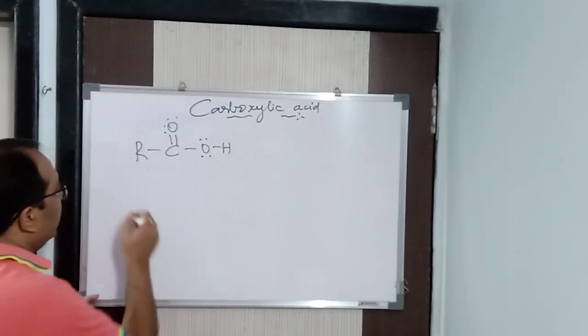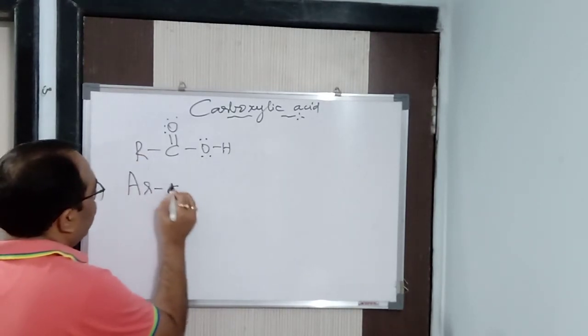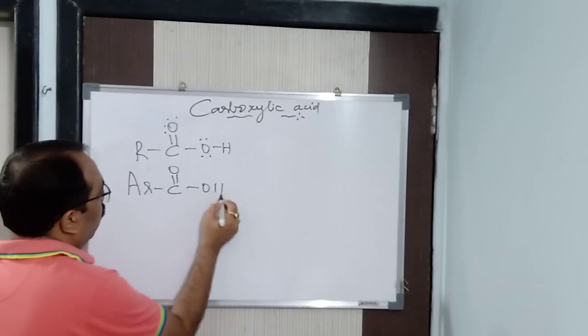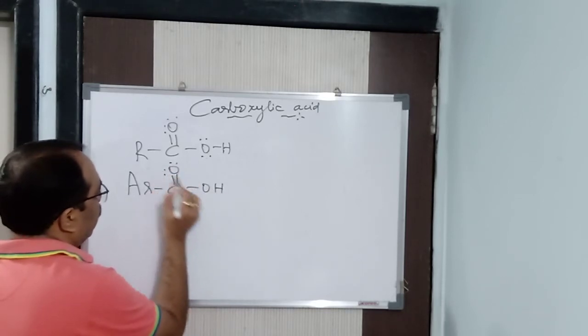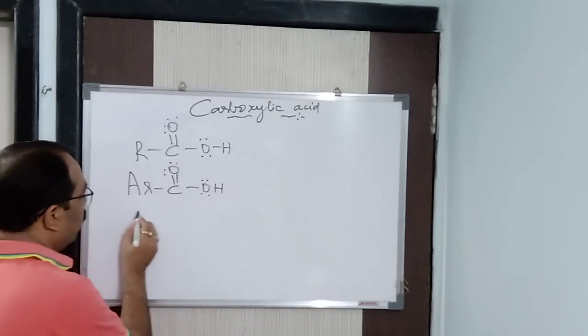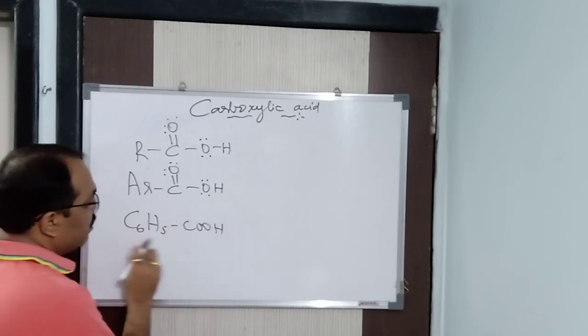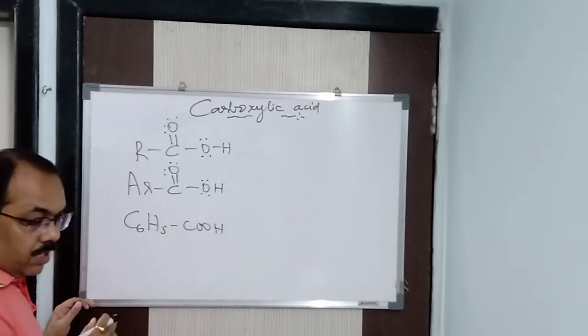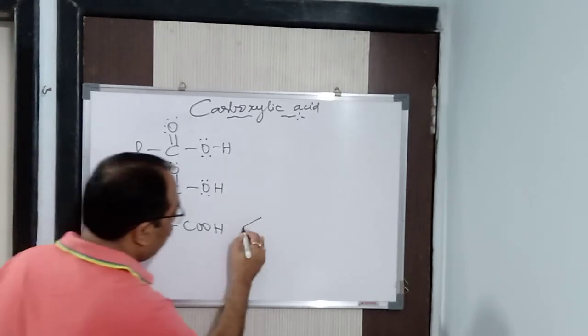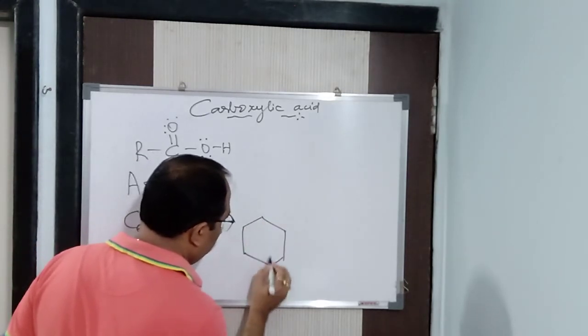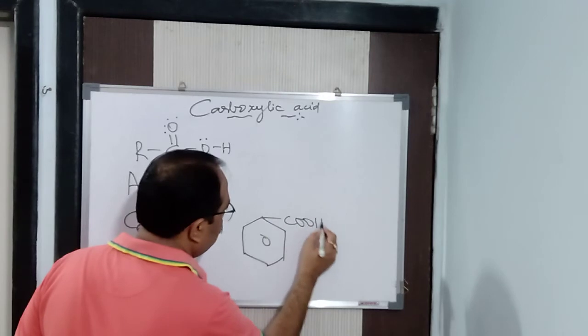Now, similarly, if it is an aromatic acid, then it will be ArCOOH, where Ar means any aryl group. Like C6H5COOH. It is called benzoic acid. If I draw the structure, then this is your benzoic acid.